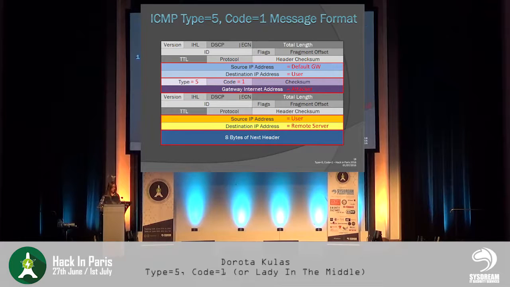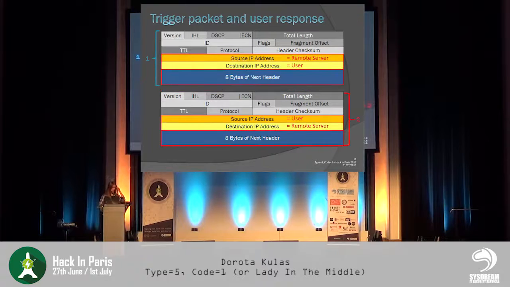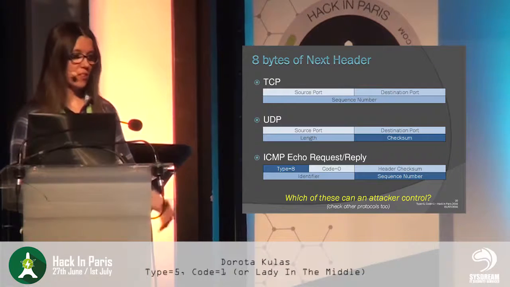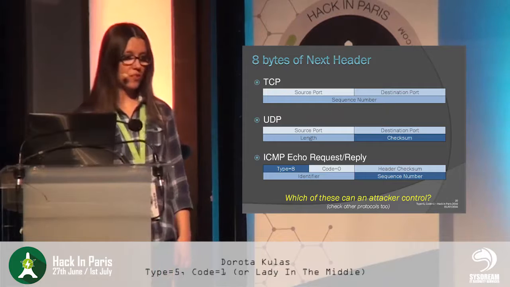What's in this 8 bytes? This is again the packet number 1 from remote server to the user, just a header, and packet number 2, the user's response to packet number 1, to the remote server. So this is the 8 bytes of next header for the 3 common protocols.